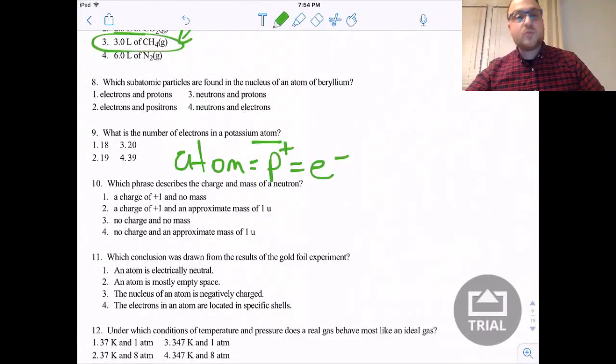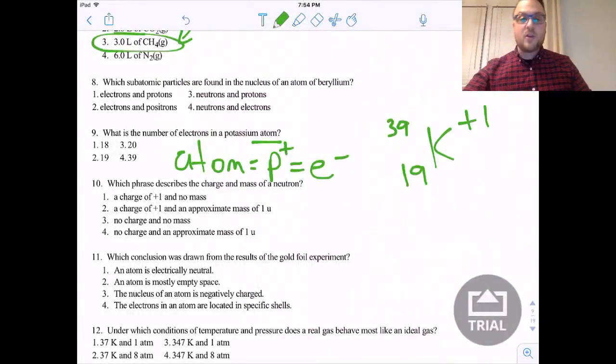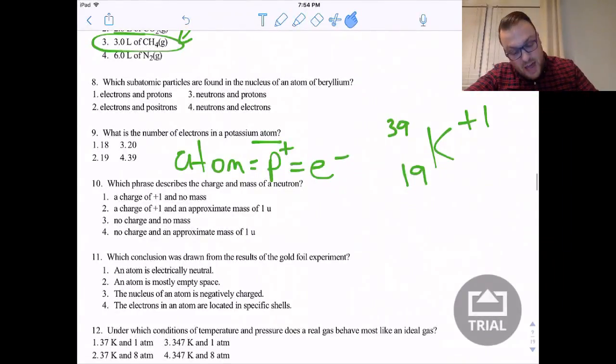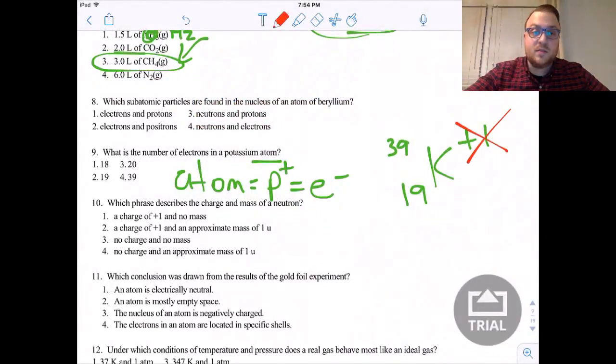You look at potassium, it's going to have 19 here, 39.09, I think, there, and then a +1 here. And when you get to the word atom, you are going to ignore this. Ignore it, because then it's not an atom. K plus 1 is an ion.